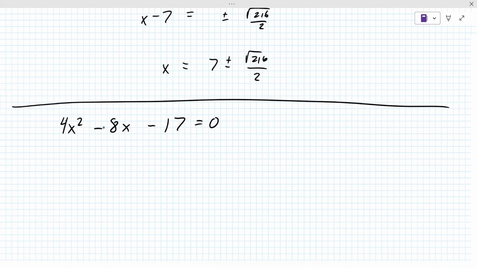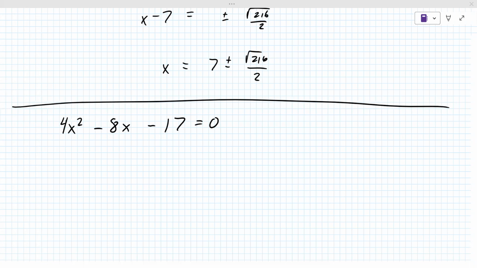4x squared minus 8x equals 17. I divide by 4. Minus 2x equals, and that's 1, so it'll be x minus 1 squared. 1 squared is plus 1, plus 1.